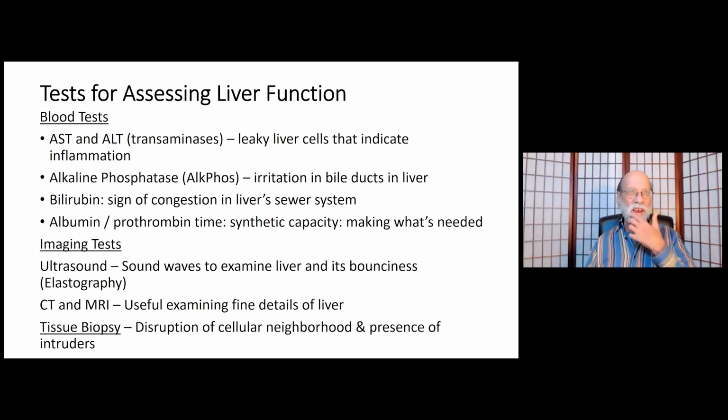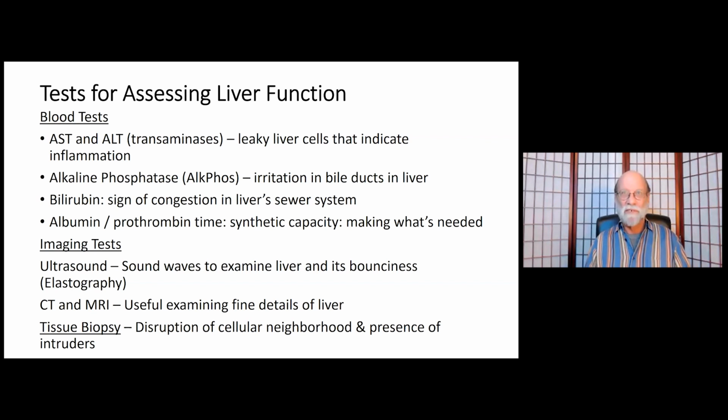So just a very quick run through some of the tests for assessing liver function. By far the most important that I order are these tests called transaminases, which are often abbreviated as AST and ALT. When we measure these in the blood, essentially what we're measuring are these enzymes leaking out of liver cells.